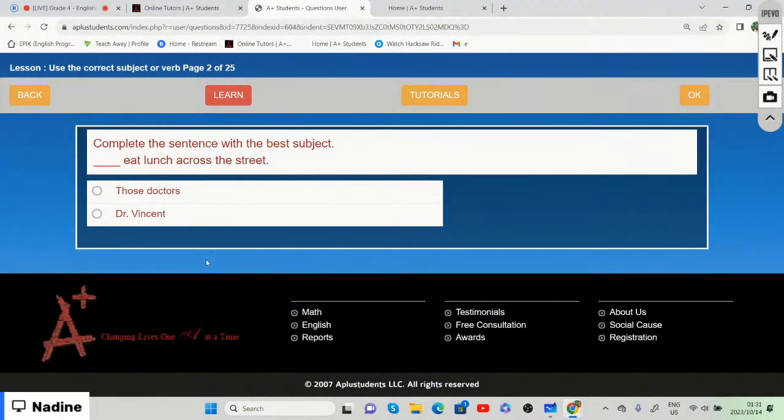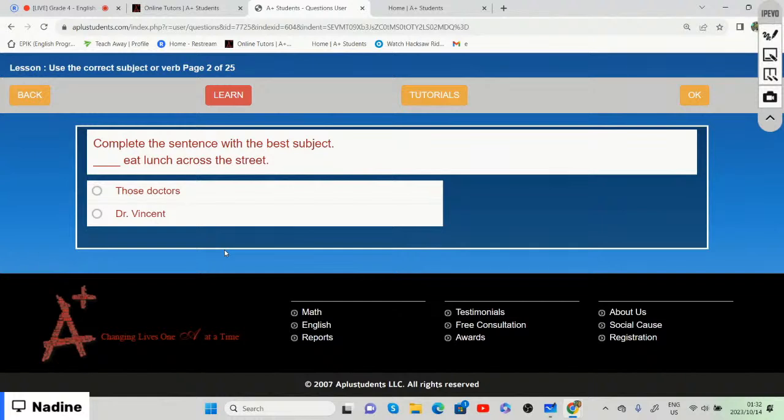Eat lunch across the street. Do we say those doctors eat lunch across the street or Dr. Benson eat lunch across the street?